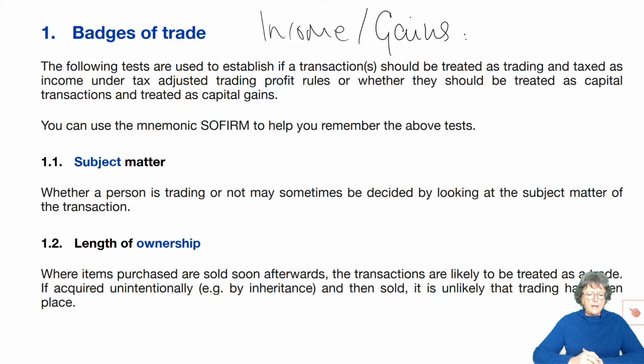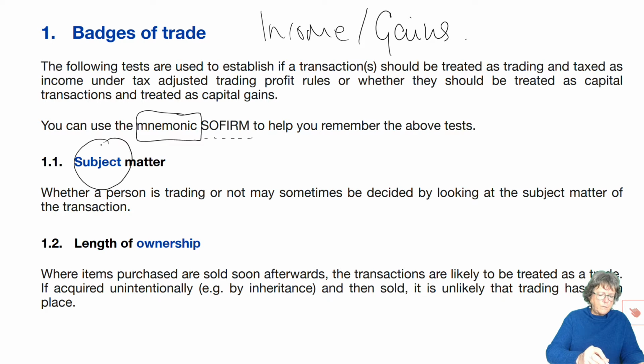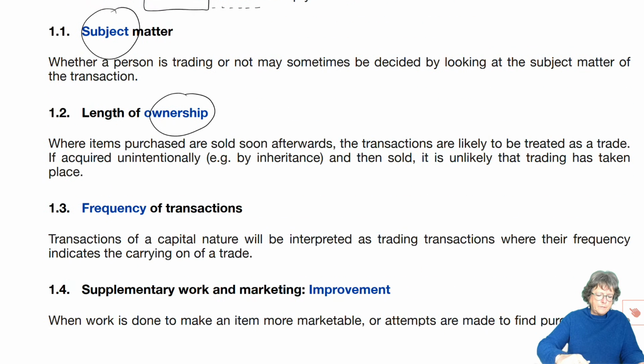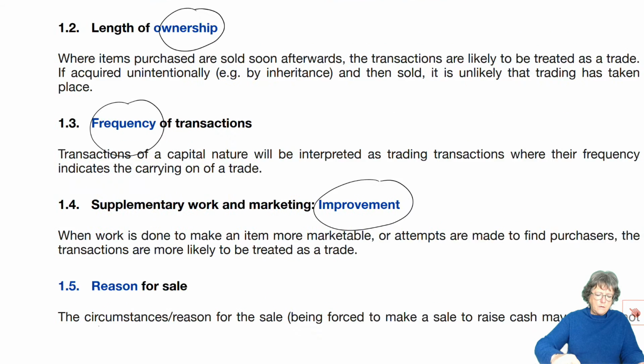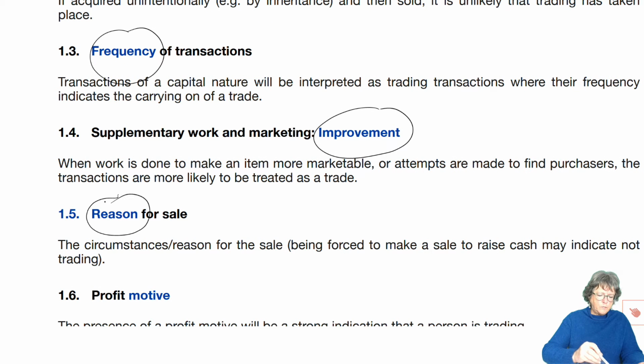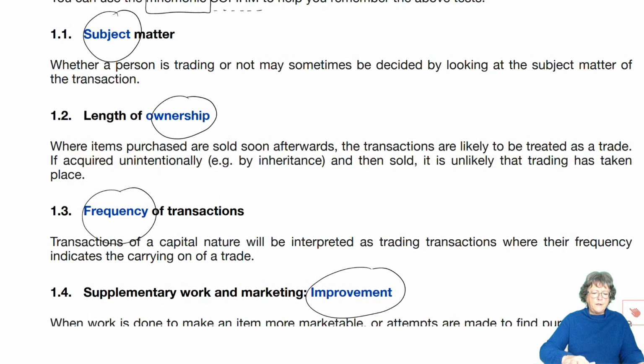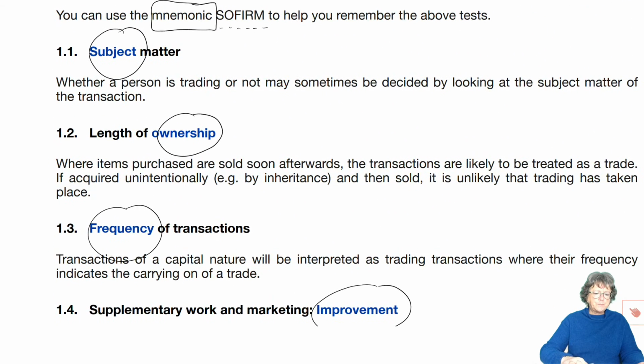So there is what's known as a mnemonic. S-O-F-I-R-M. So firm. That's the way to learn how to remember what these different badges are. So we'll go through the badges first, and then I'll explain to you why we need them.